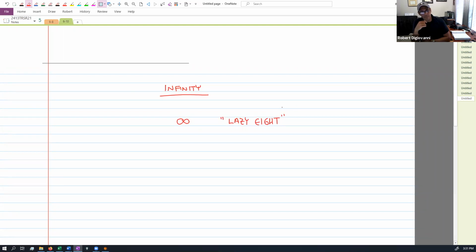A lazy 8. The idea of this infinity symbol actually comes from something called a Mobius strip. You may or may not have ever seen this before in your life. If you take a sheet of paper and cut a thin strip off of it, most of us would say that this strip of paper has two sides.